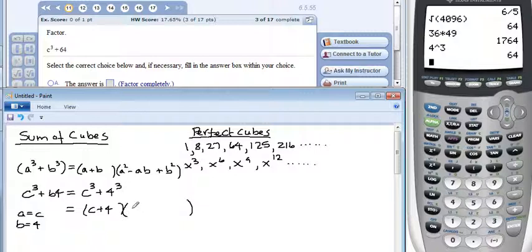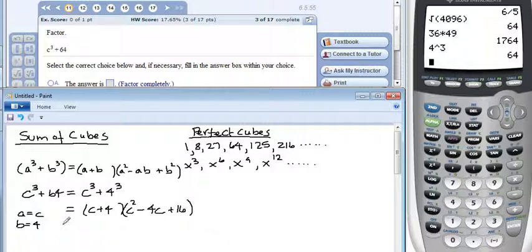A is c, so I've got c squared. Then I match my sign with a minus. This tells me to take a times b, or b times a. I don't want to write c4, I want to write 4c. I'm not playing Battleship. And then b squared, which is 16, 4 squared. I'm done.